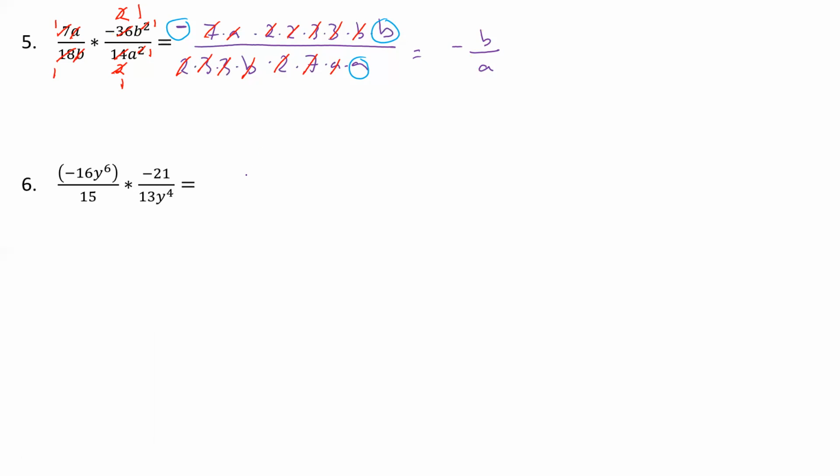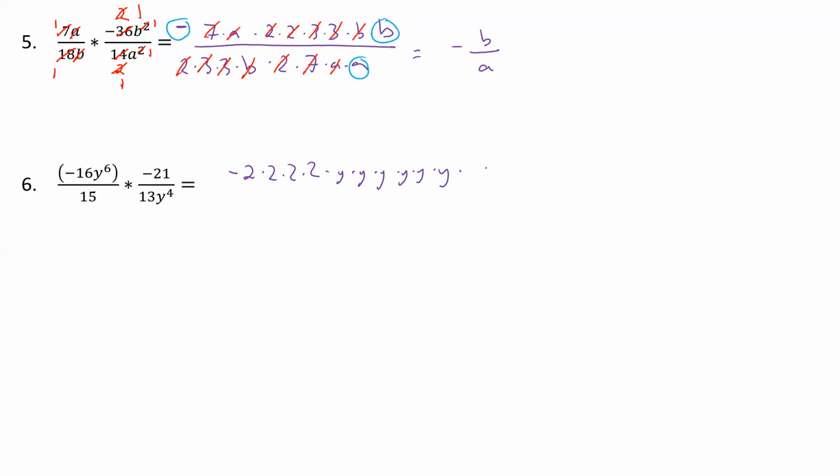All right, so let's do this again. Let's do this one. So we have negative 16. So we're going to have, let's say, a negative 2 times 2 times 2 times 2. So 2 times 2 is 4, 4 times 4 is 16. So that will give us that. And we have 6 y's.